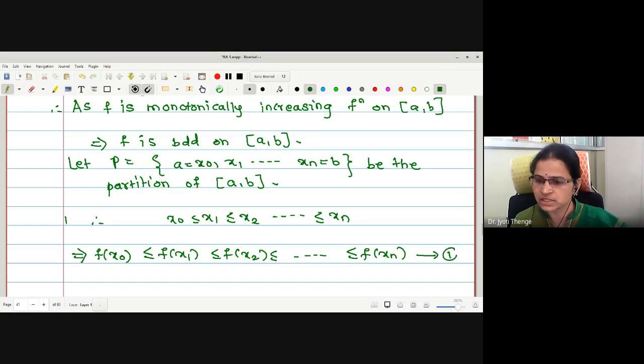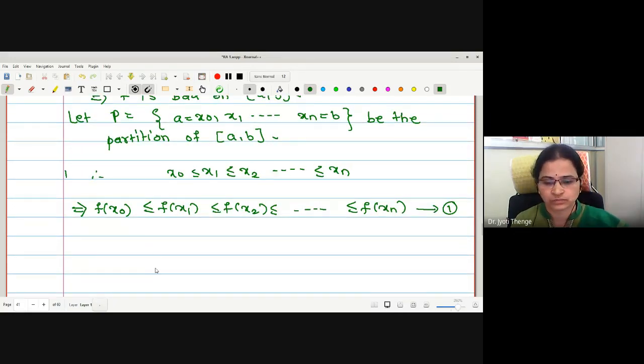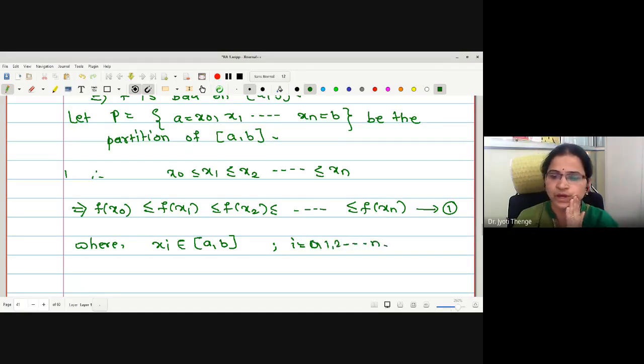Let me call it statement number 1. Where xi is a point of closed interval AB and i is equal to 0, 1, 2, up to n. All these are points of the closed interval AB. Correct?